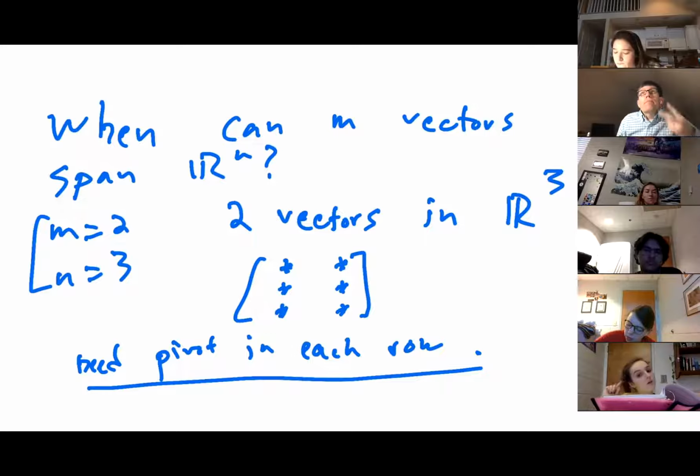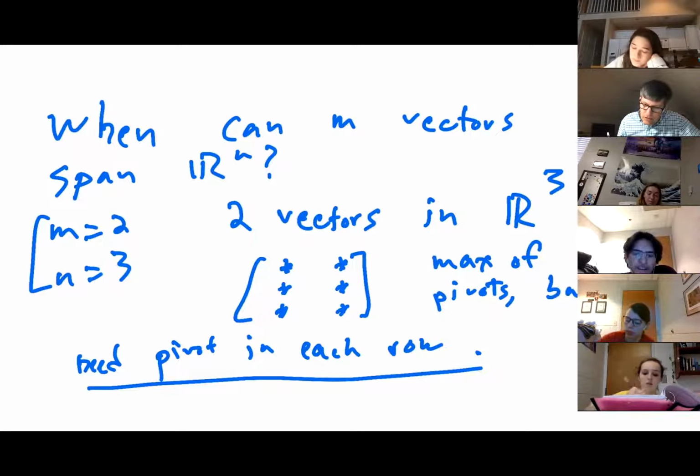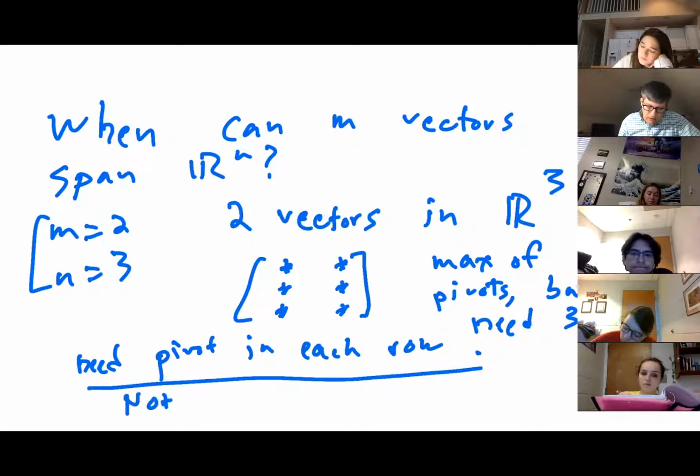Only 2. Right, because I've only got two columns. So there's a pivot in each column, right? So this would be a maximum of 2 pivots, but I would need 3 pivots. So no, not possible here.